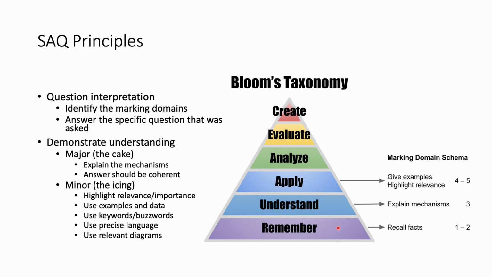And so remembering facts is considered the lowest level of comprehension. And on top of that, if you demonstrate understanding of how that concept works, what are the mechanisms, then that's considered a higher level of comprehension. And if on top of that, you can apply the concept to the real world by giving examples or highlighting what are the clinical implications or significance of that concept, that's even better.